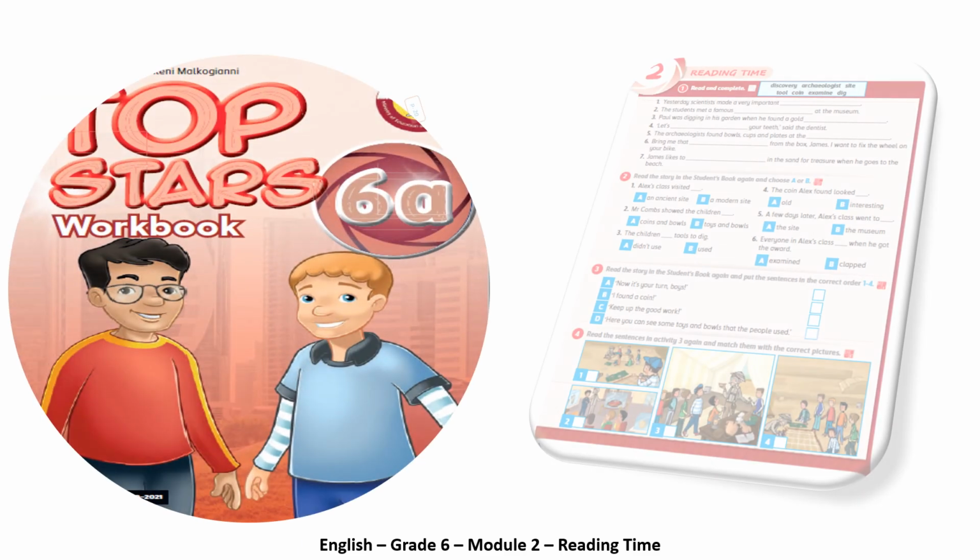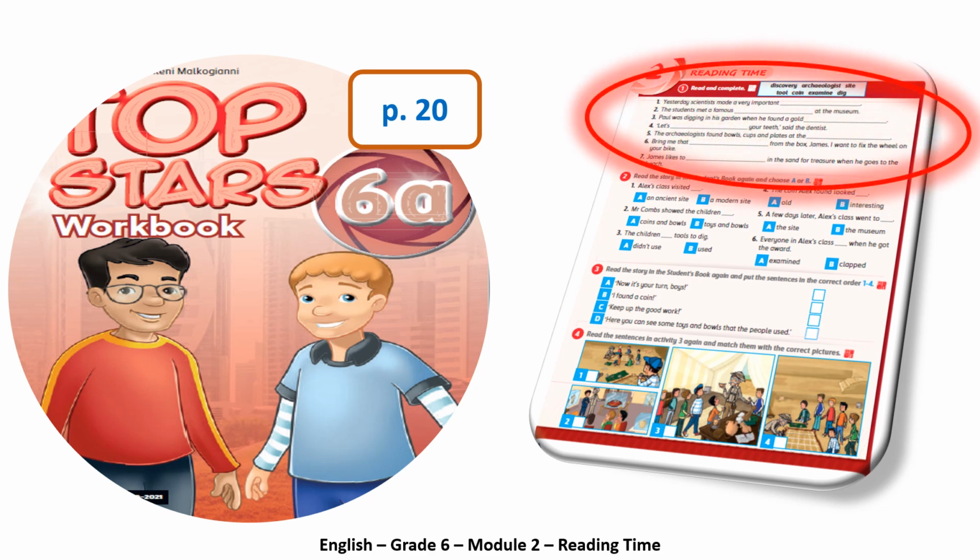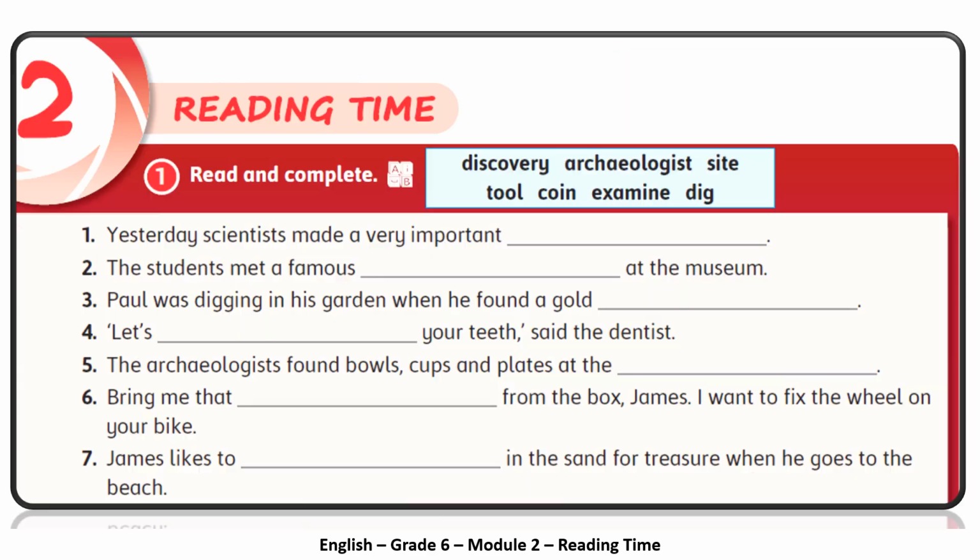Get your workbook, open it on page 20, and let's do exercise number 1. Read and complete. So you are requested to read the 7 sentences to complete them with the correct word from the box. Let's read the words in the box.